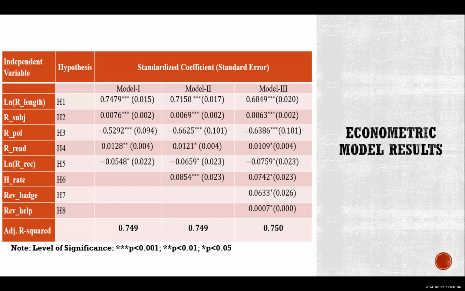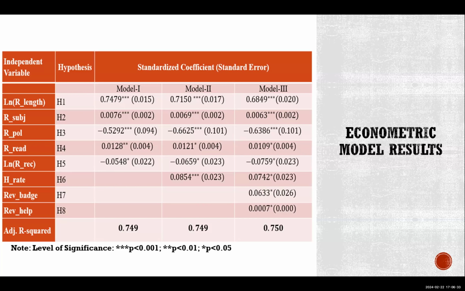That means an EVAM is found to be helpful if it is lengthy, subjective, and easy to read. Further, we report a negative significant impact of polarity and recency on helpfulness. That means the more negative or positive a review is, the less helpful it is found to be. Further, an older review is again not found to be of much help.